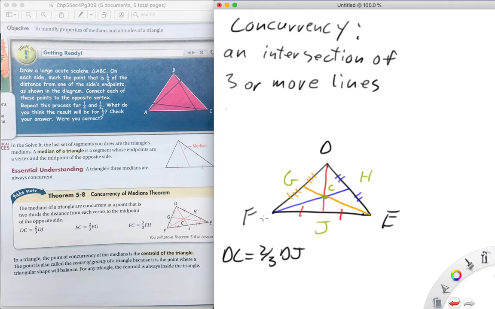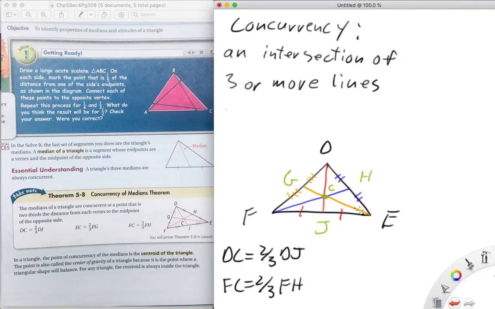If I was looking at CF, or FC, it is going to be equal to 2/3 the distance FC of the whole entire median, which is FH.